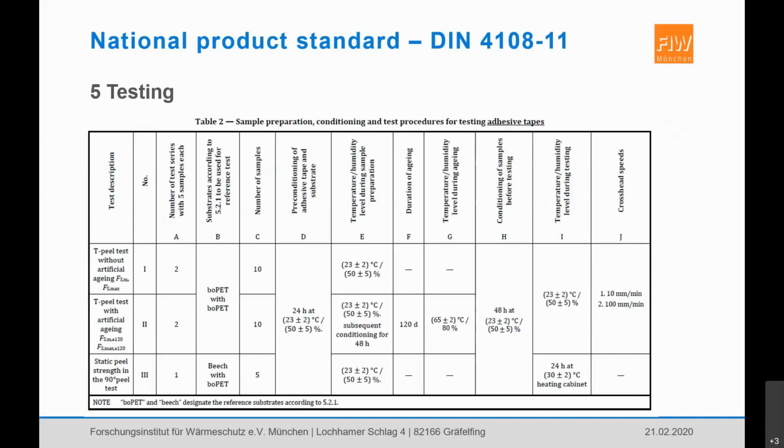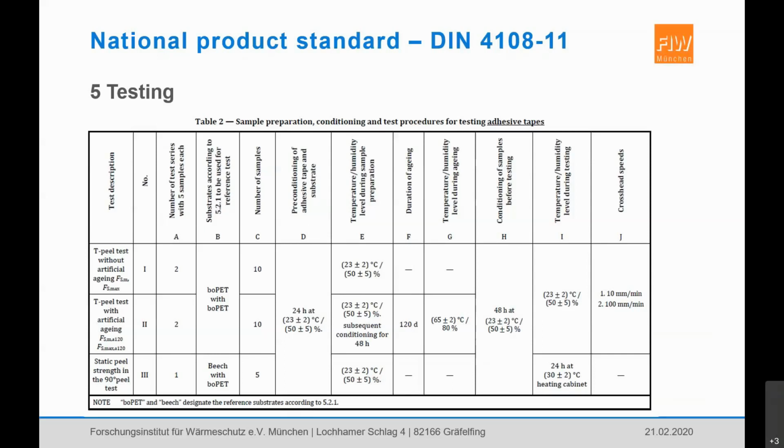This is maybe the most important table, or one of the two most important tables. It summarizes all the testing that is defined in this product standard. Here it's shown for adhesive tapes. There is a separate table for adhesive masses, which has some modifications concerning the time frame between the tests due to the necessary drying out of the adhesive masses before applying them to the subsequent test methods.